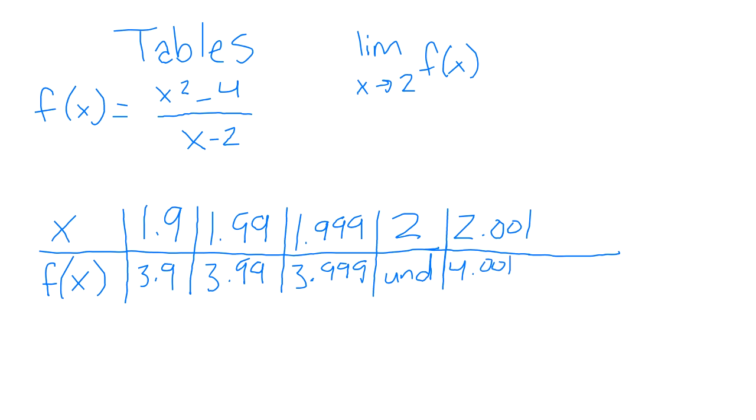Further out, 2.01 gives us 4.01. And just one more point to double check, 2.1 gives us 4.1. So as we get ever closer to 2, we also get closer to f of x equals 4.